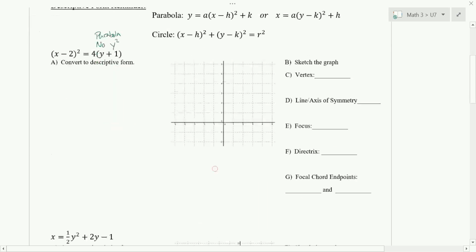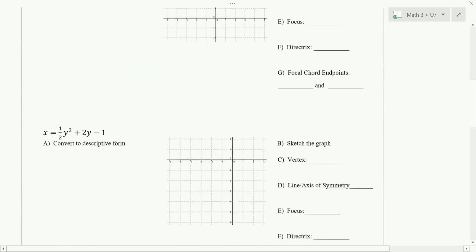Let's take a quick look at the next one. Okay? If I said, hey, graph this, didn't tell you what shape it was, circle or parabola? Parabola, why? Because there's a y squared, but there's no x squared, right? It needs them both. And so because there's no x squared, it's a parabola.